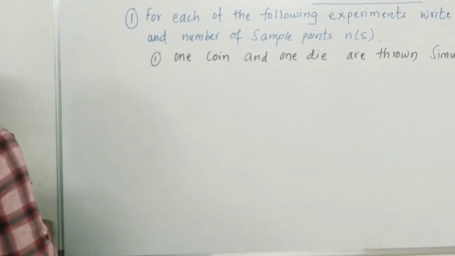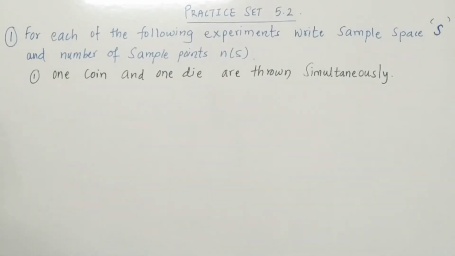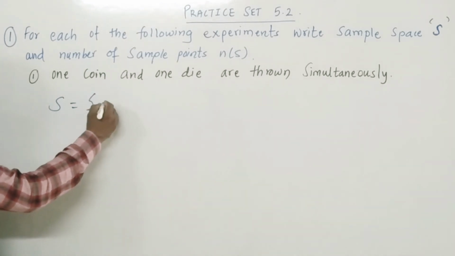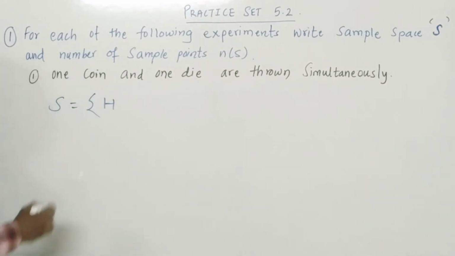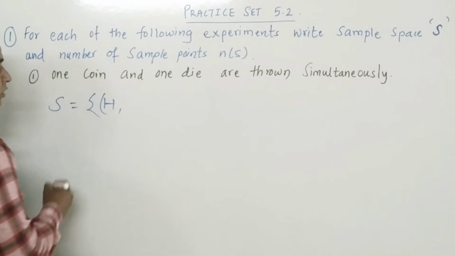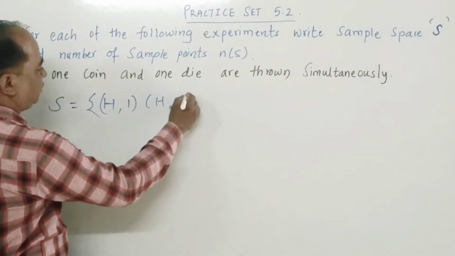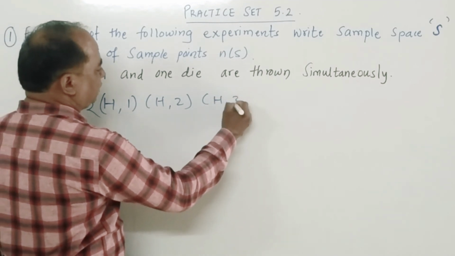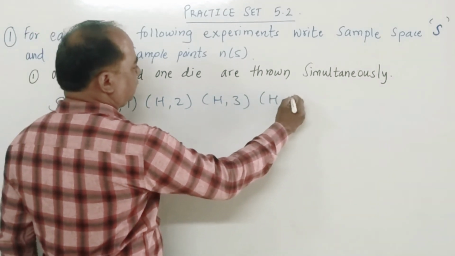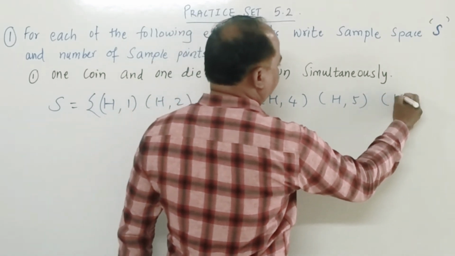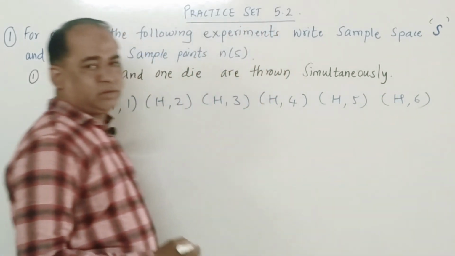So we write the sample space as S is equal to head 1, head 2, head 3, head 4, head 5, and head 6.